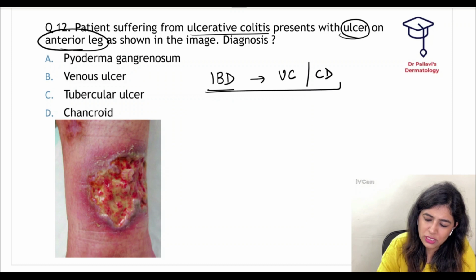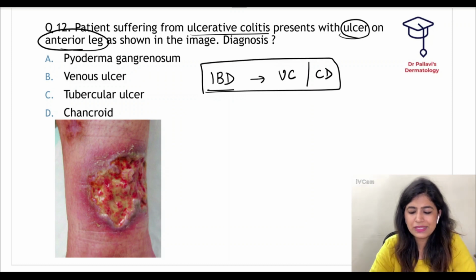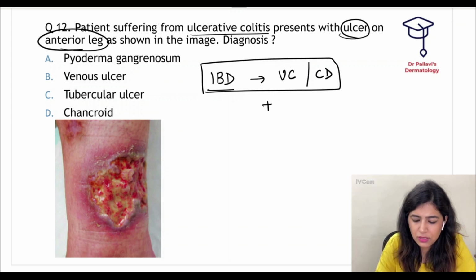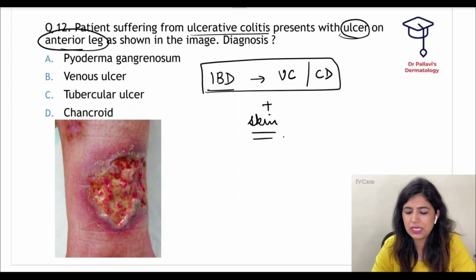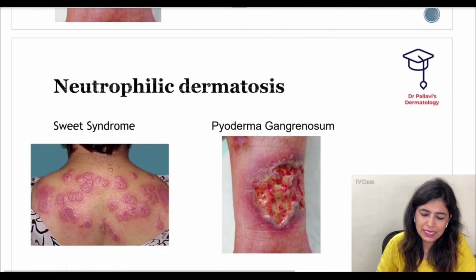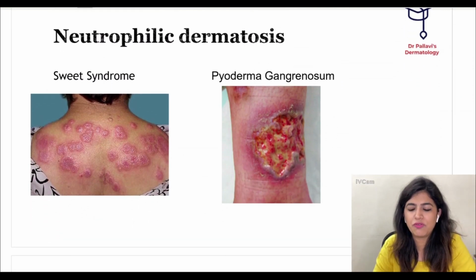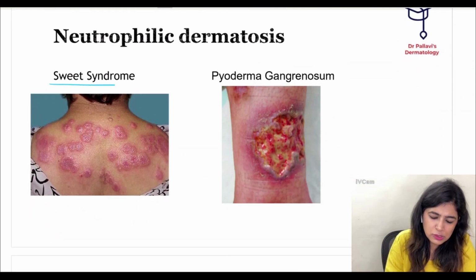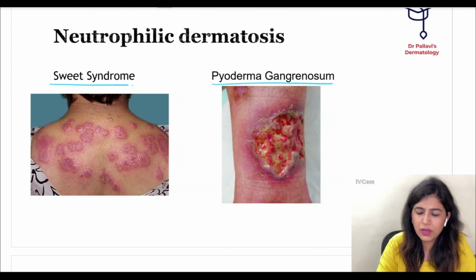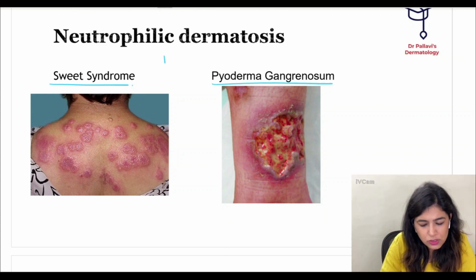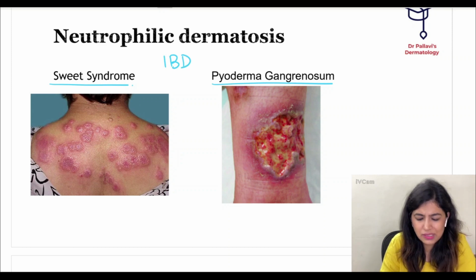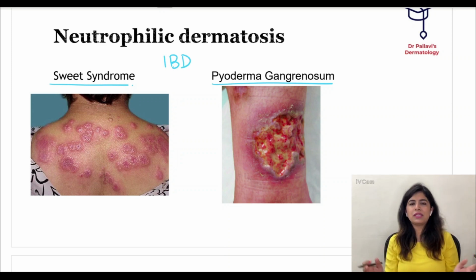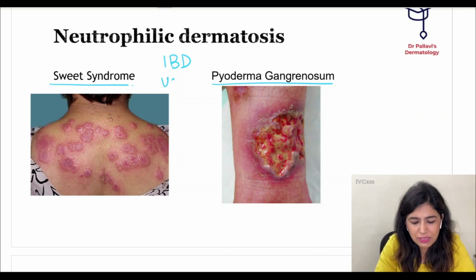Whenever there is a skin association with inflammatory bowel disease, it can be one of these two neutrophilic dermatoses, either Sweet syndrome or pyoderma gangrenosum. The question might even say that the patient has a long history of bloody stools. That also means either ulcerative colitis or Crohn's disease.